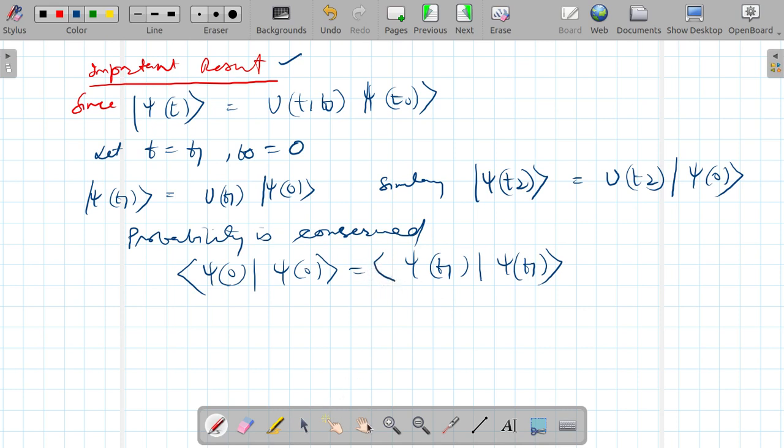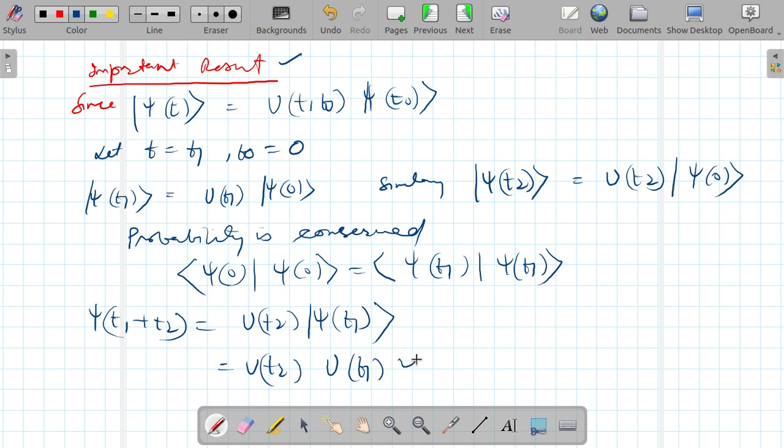So keeping this in mind, let us try to calculate psi(t1 + t2), where t1 is the initial time and t2 is the later time. It can be written as U(t2) psi(t1), but this psi(t1) is related to psi(0), so it can be written as U(t1) psi(0).